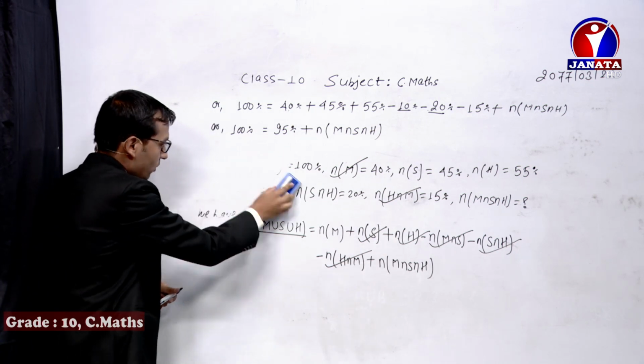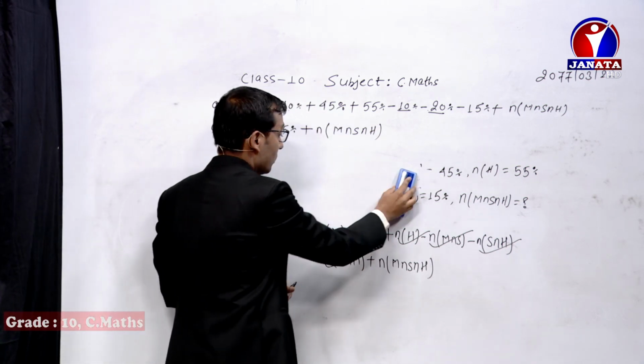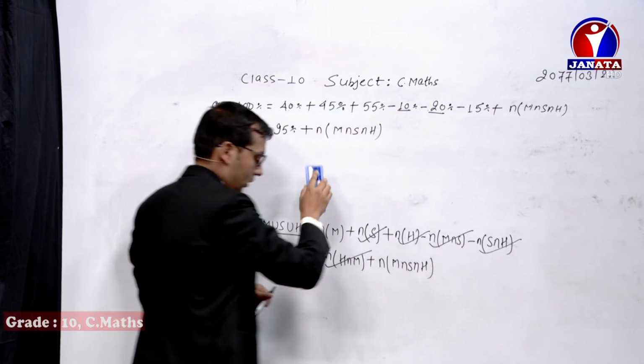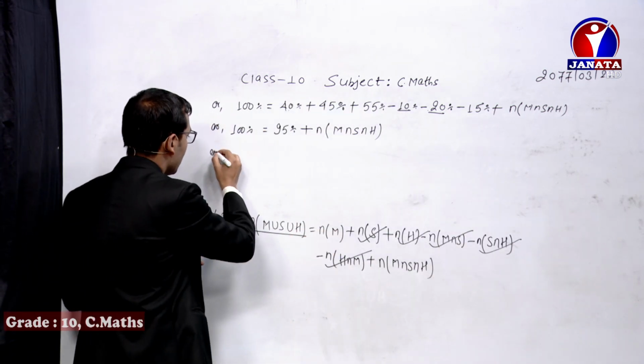Now we can simplify one more step and find the value of the intersection of all 3 sets.